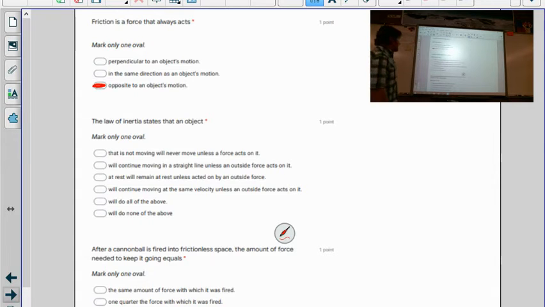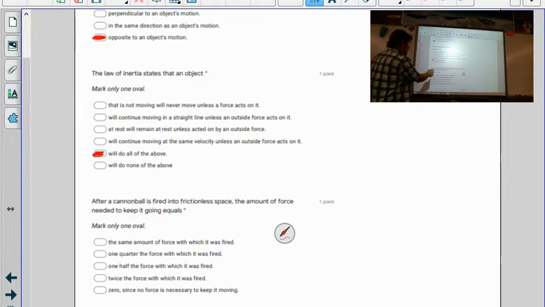The law of inertia states that an object that is not moving will never move unless a force acts on it. That's true. Will continue moving in a straight line unless an outside force acts on it. That's true. At rest will remain at rest unless acted upon by an outside force. That's true. Will continue moving at the same velocity unless an outside force acts on it. So all of these are true. So all of them are correct.